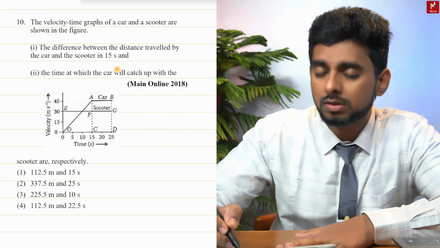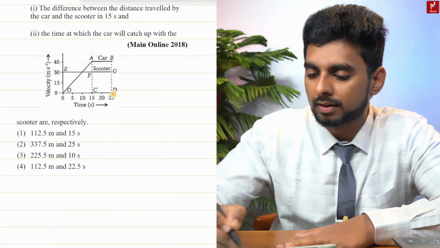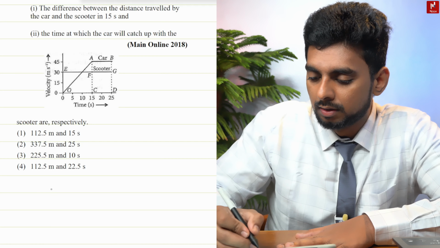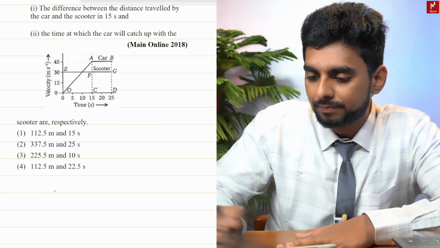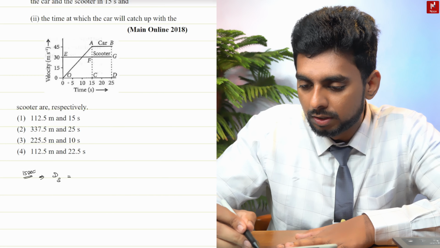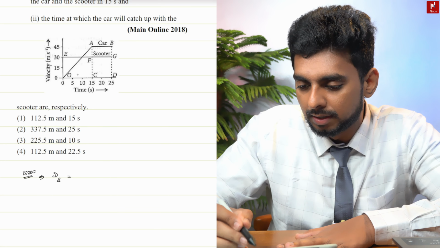So now first let me get the difference between the car and the scooter in the first 15 seconds. To get that, first I just need to get the area under the graph for the scooter. So the distance traveled by the scooter in the first 15 seconds is equal to, what should it be, length times the breadth.